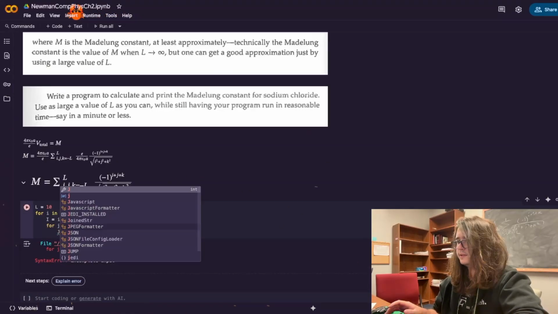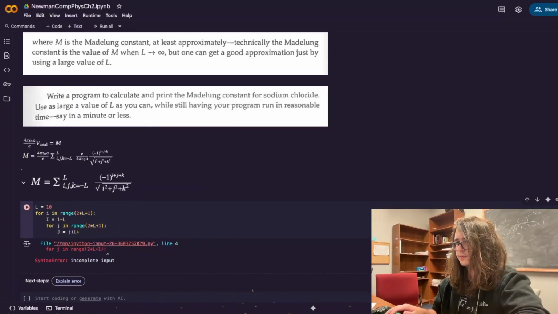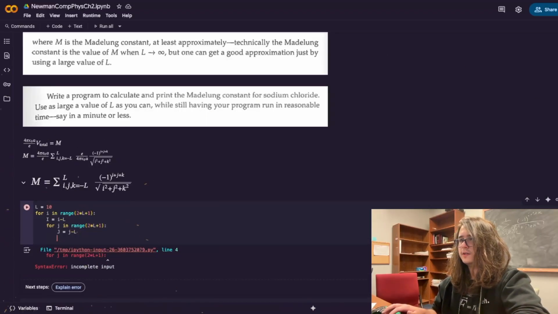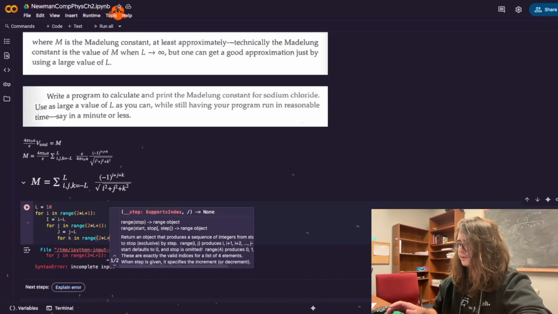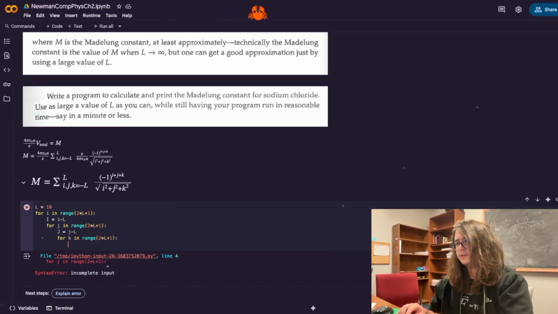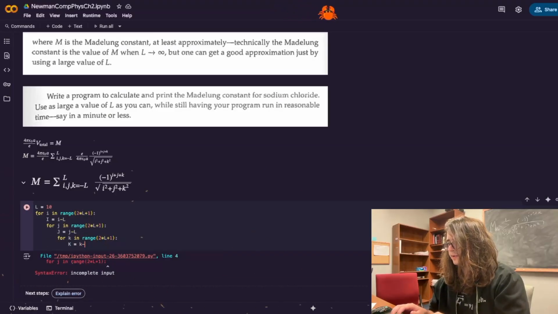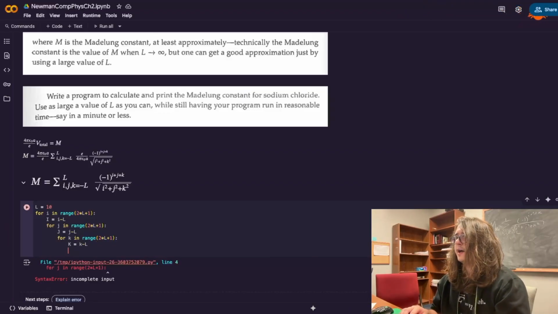And then J equals j minus L. Yes. And then for lowercase k in range, 2 times L plus 1, and then capital K is going to be k minus capital L, right?